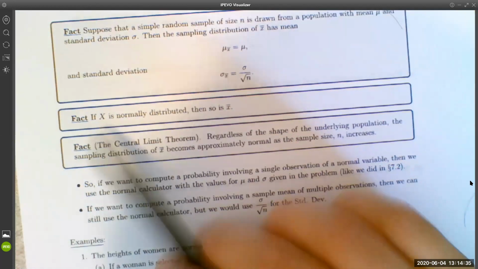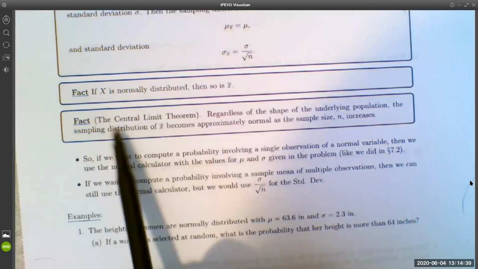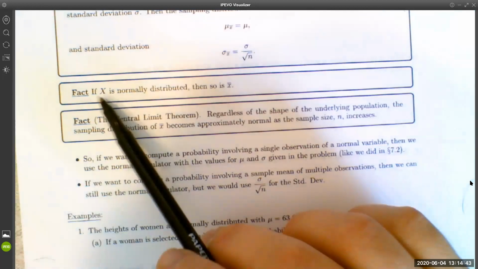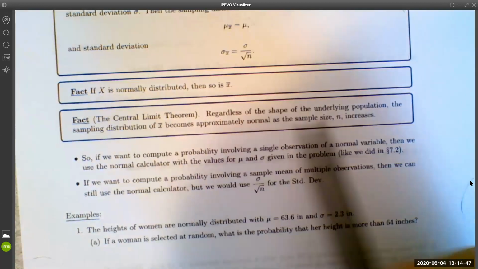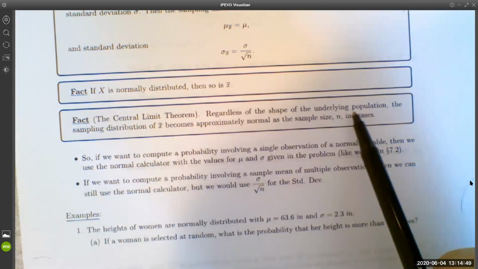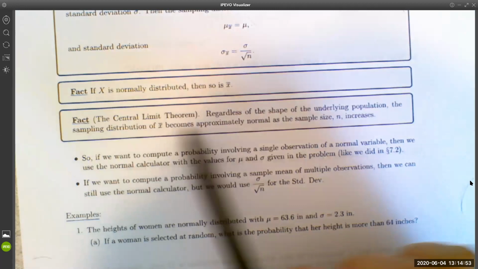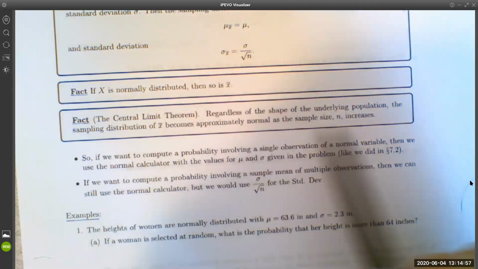But there's this really important fact in statistics called the central limit theorem, which says that it doesn't matter what the shape of the underlying population is. Regardless of the shape of the underlying population, the sampling distribution of X bar becomes approximately normal as the sample size n increases.